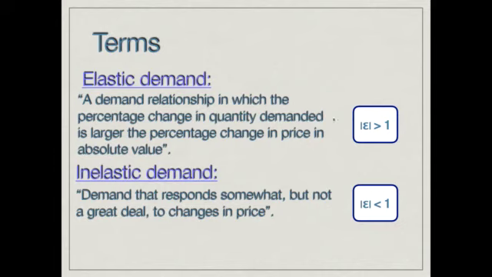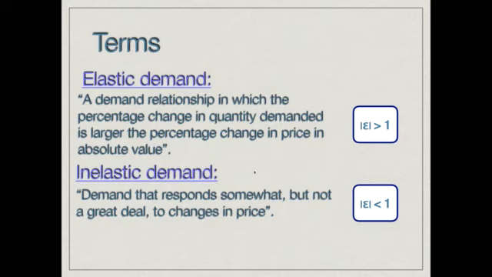And a convenient way to remember this is that if you take the absolute value of the price elasticity of demand, let's say you get negative 1.5, the absolute value of the price elasticity of demand is greater than 1, indicating that the change in quantity demanded in percentage terms is greater than the percentage change in the price.